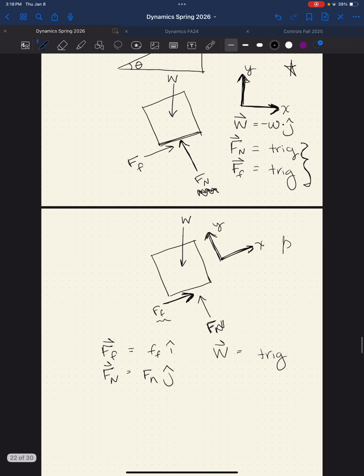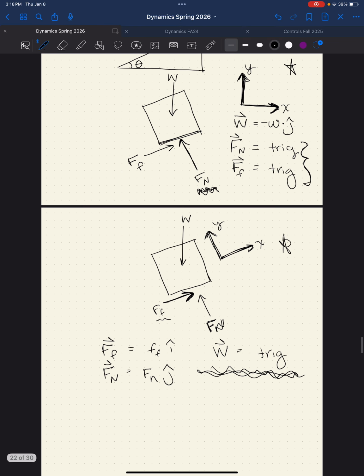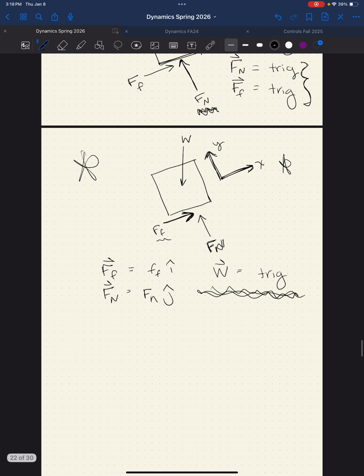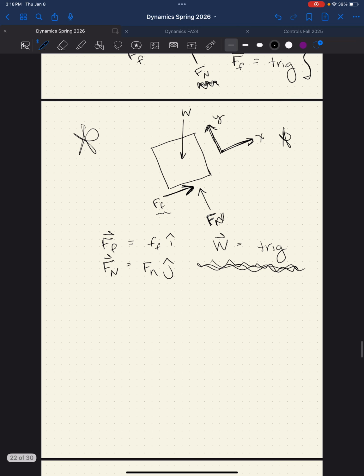Whereas if I choose this choice down here, I only have to do trig for one vector. So for this particular case, this is the better option. For this particular free body diagram, a tilted coordinate axis is the better choice, because I only have to use trig to resolve one vector.